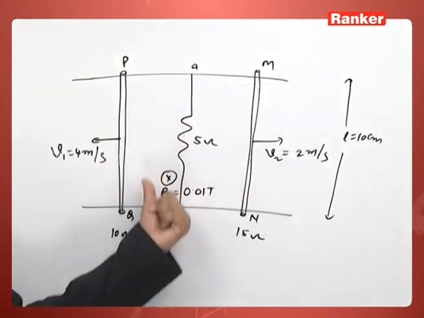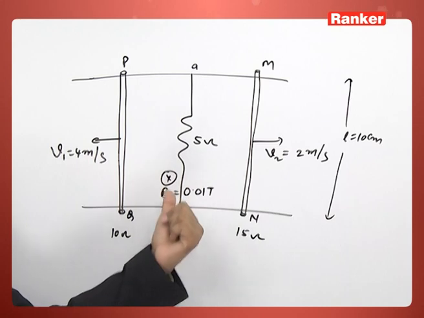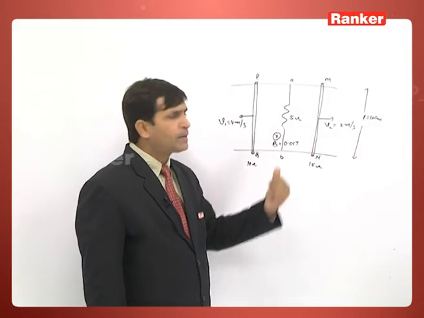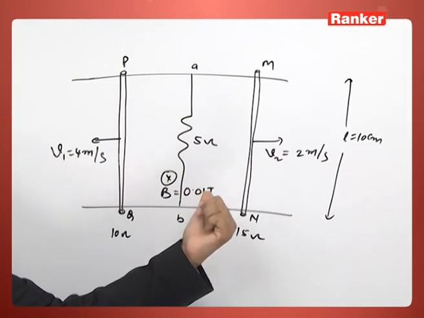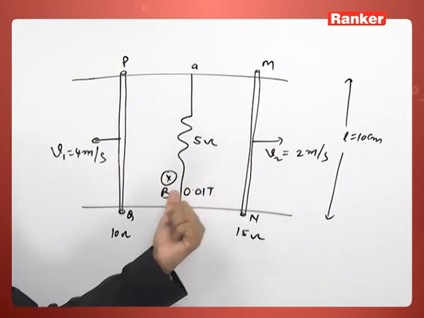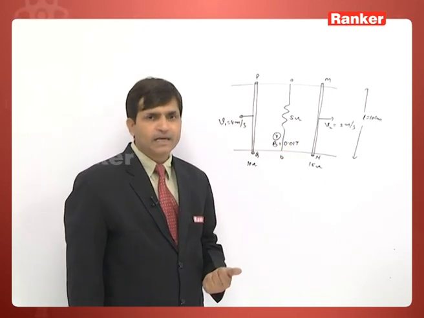Now the whole system is kept in a uniform magnetic field which is directed into the plane of the system, and that magnetic field is given as 0.01 Tesla.